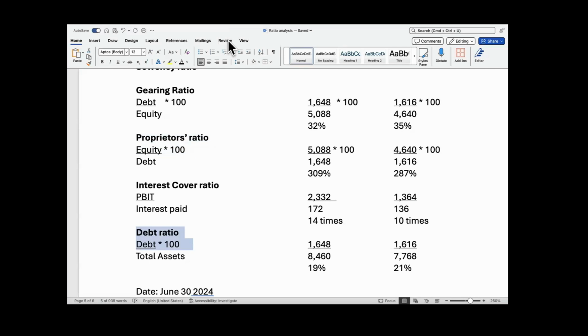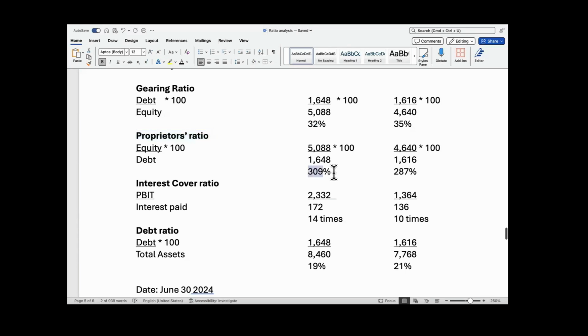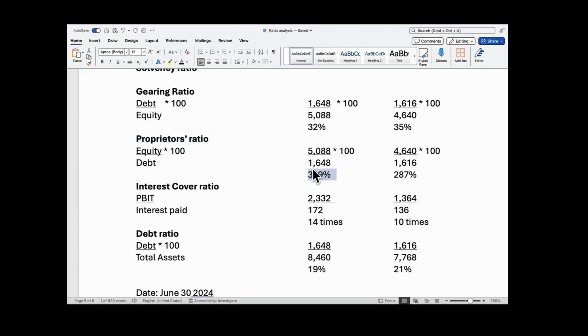Gearing ratio is saying that compared to your equity, debt is just 32%. So that means this company is heavily financed by the owners. Which also shows in its proprietors ratio. When you compare it to debt, it is much, much more than the debt.